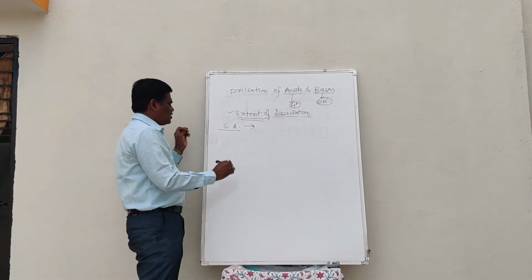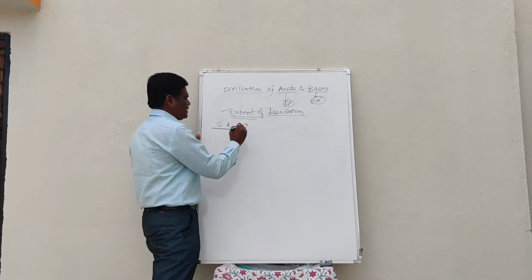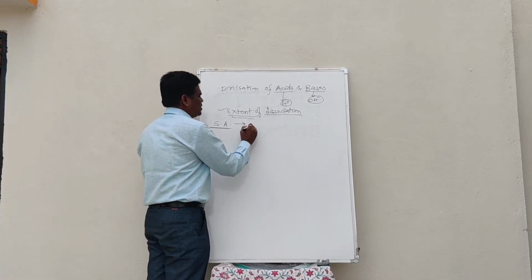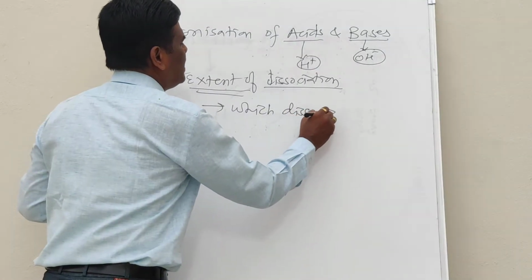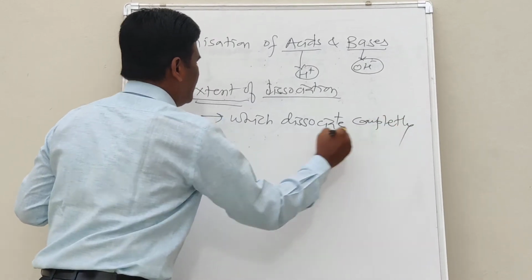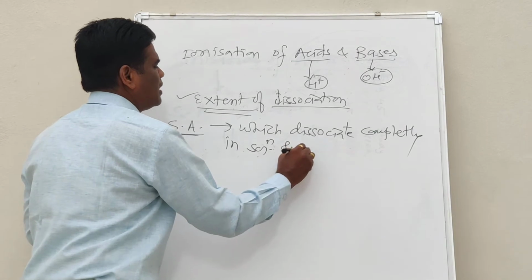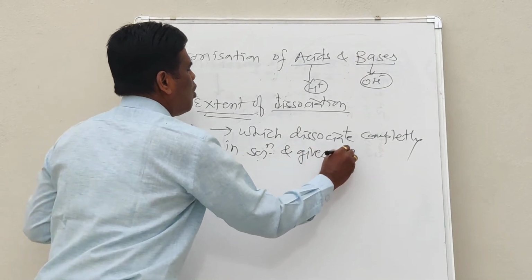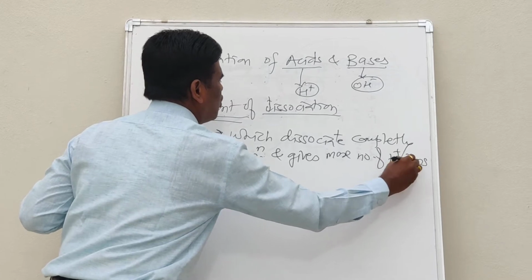Now first of all you have to study what is the meaning of strong acid. Strong acids are those acids which dissociate completely in their solution and give more number of H plus ions.